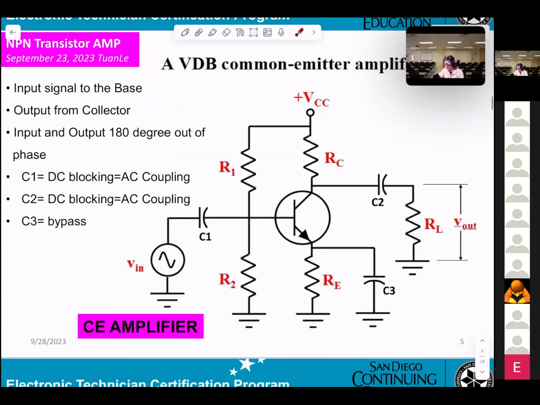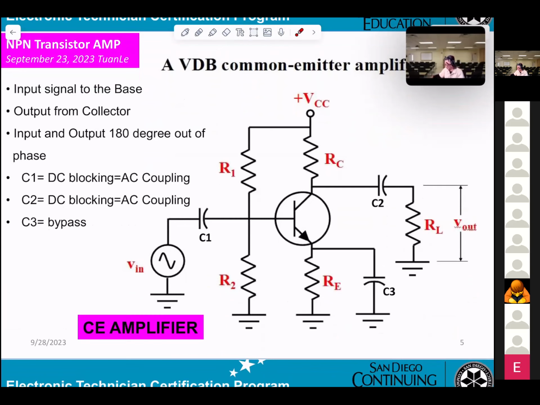Now, third thing, we're talking about the CE amplifier. Okay? This circuitry will be a CE amplifier. See what happened? Input signal to the base. This is the input here.